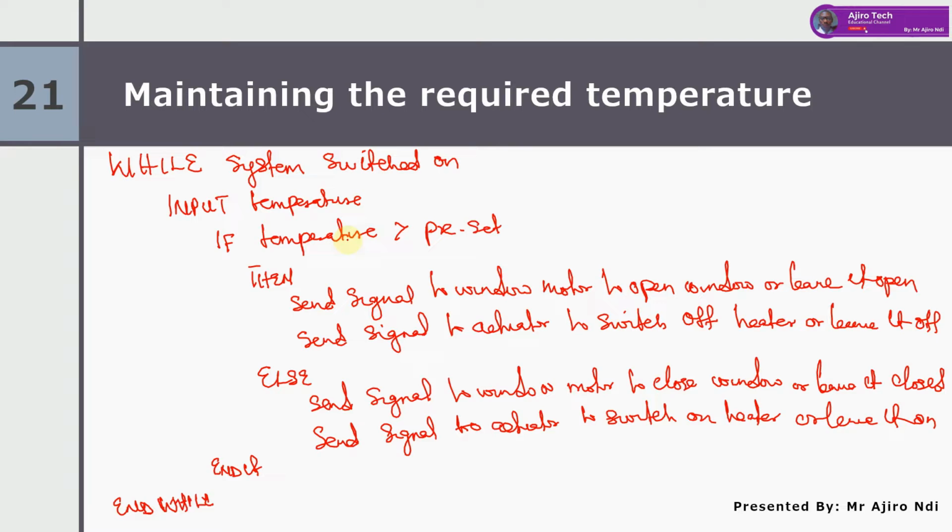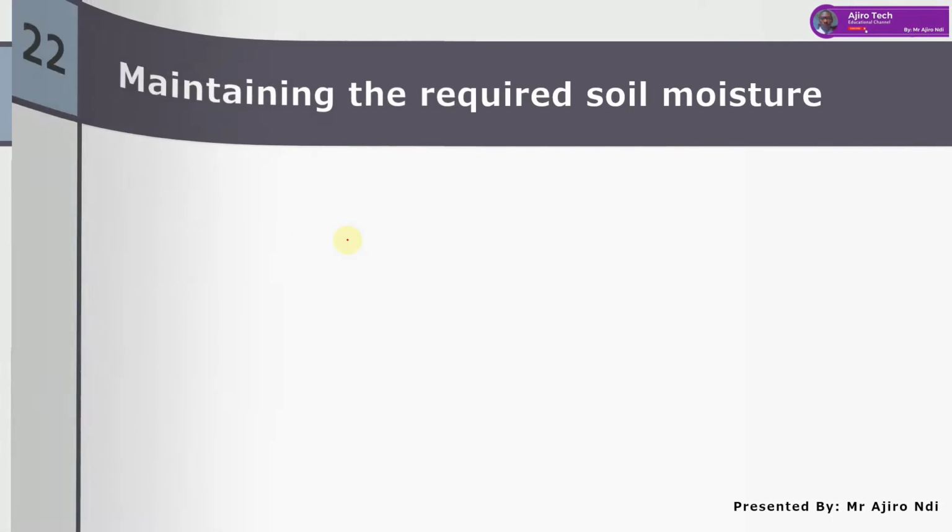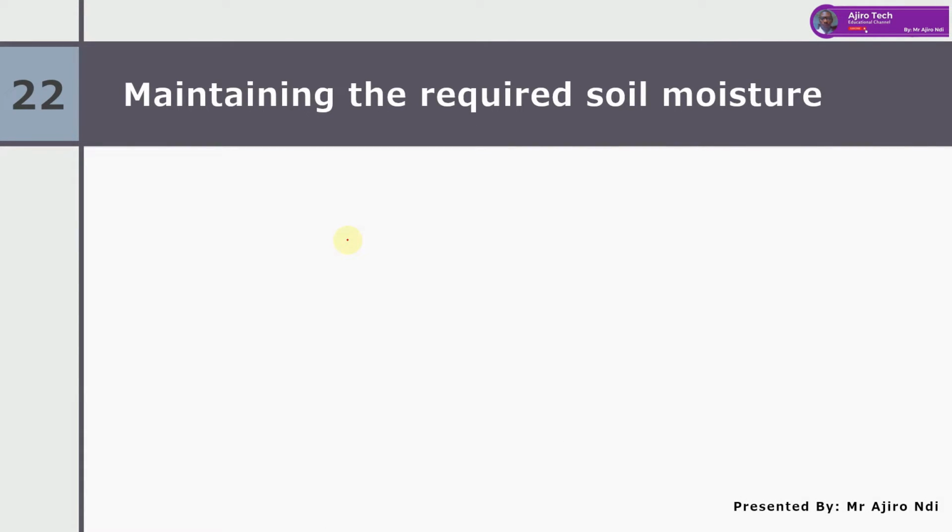Okay, let's look at maintaining the required soil moisture. At the start of the process, the user will input the required moisture level, or the preset value, on a keypad. The microprocessor will receive the data about the amount of moisture in the soil in the greenhouse from the moisture sensor.